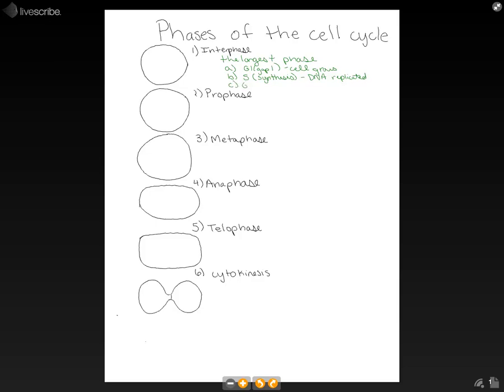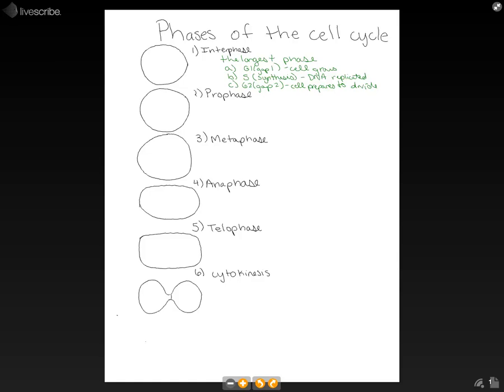And then we have G2, or gap 2, and that's where the cell prepares to divide. So that can be producing the proper microtubules or centrioles and stuff like that.